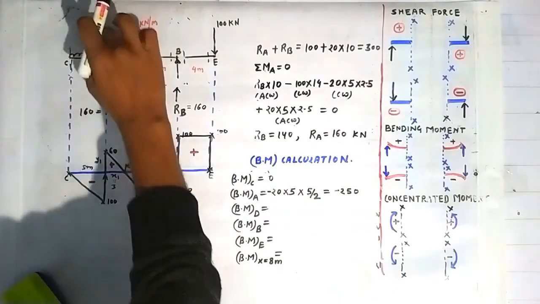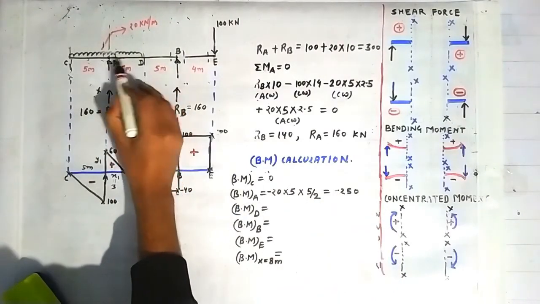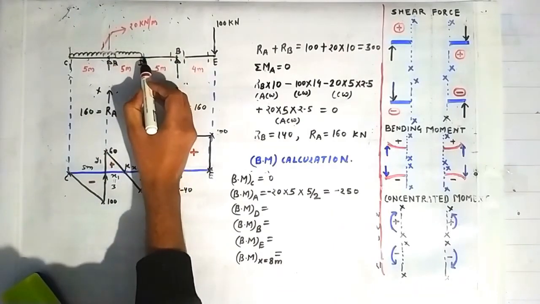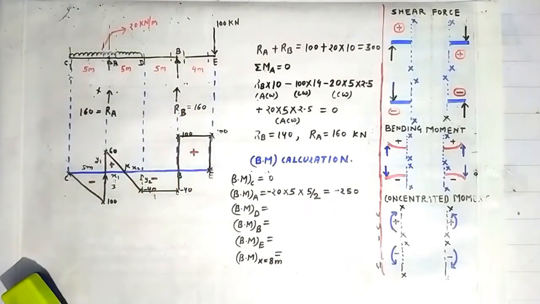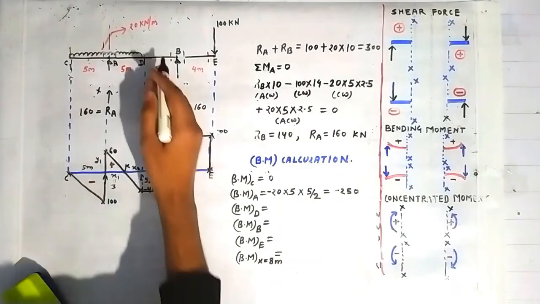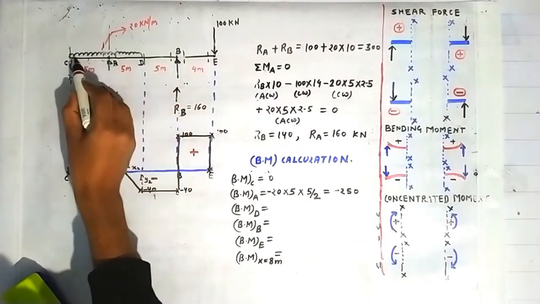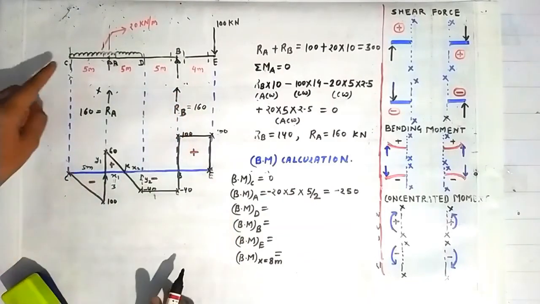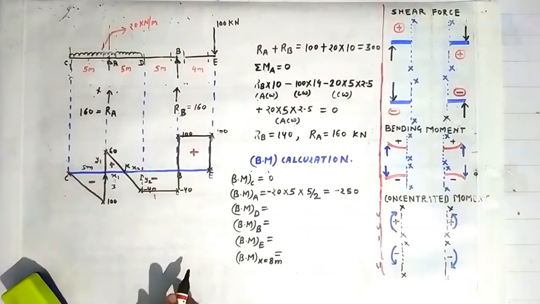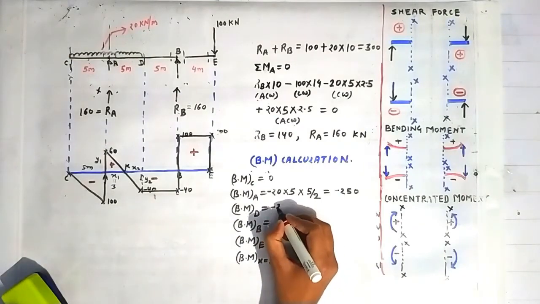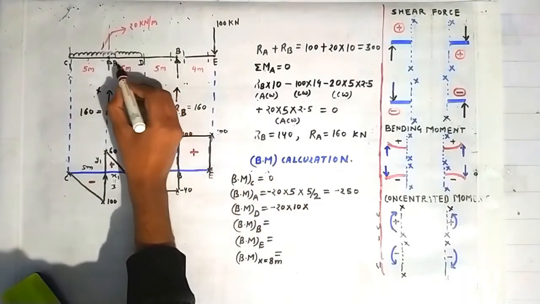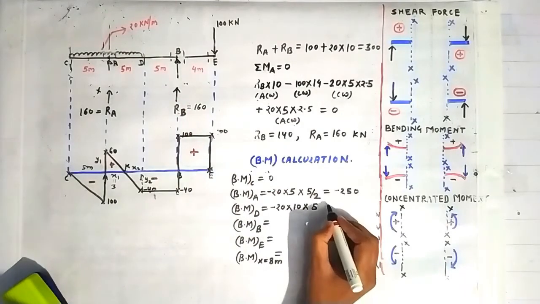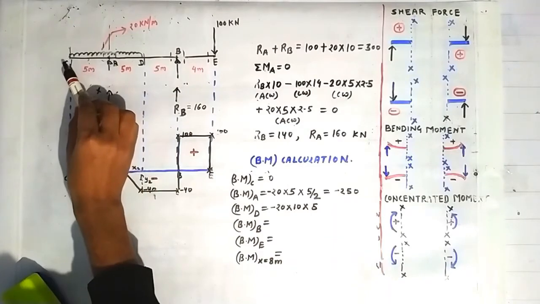Now the bending moment at the point D you can find out by constructing a section at the point D. But I think you have become familiar with the section process, so I will do this without constructing the section. Looking on the left side of the point D, you can see that this whole UDL is contributing toward a bending moment at the point D of the magnitude minus 20 into the length of this UDL, 5 plus 5 is equal to 10, and it will act at a distance of 5 meter from the point D, that is exactly at the midpoint of this span CD.